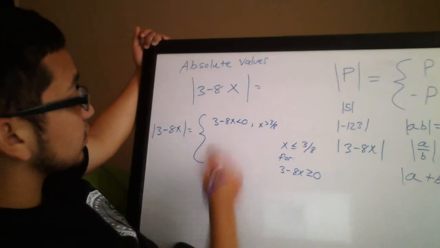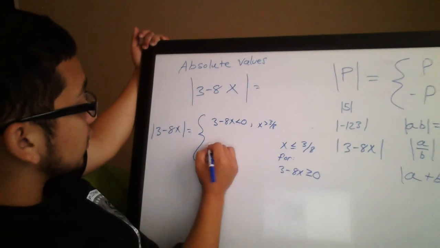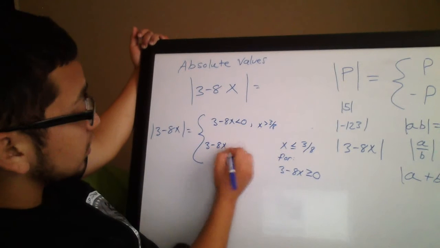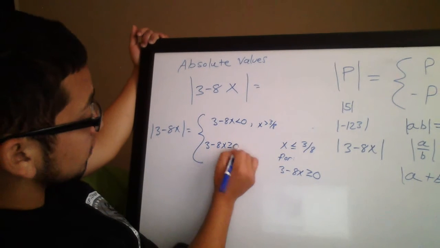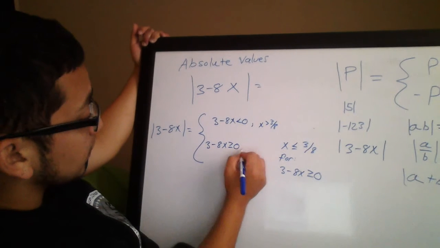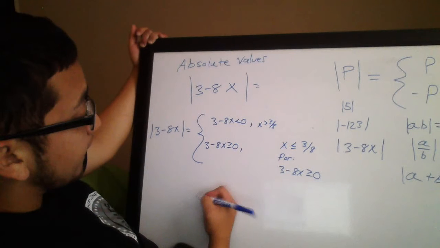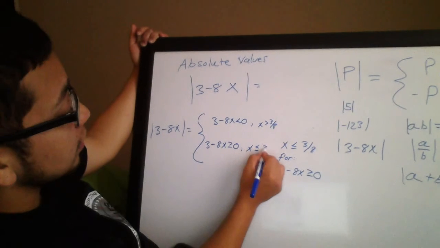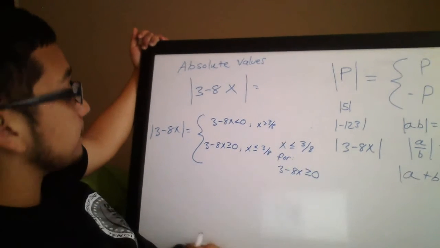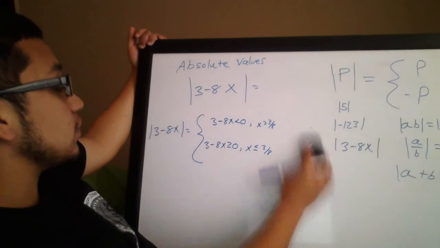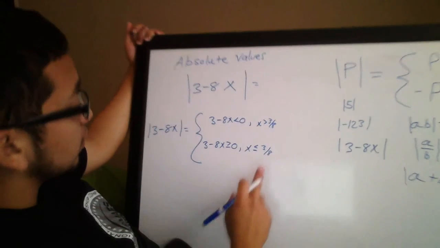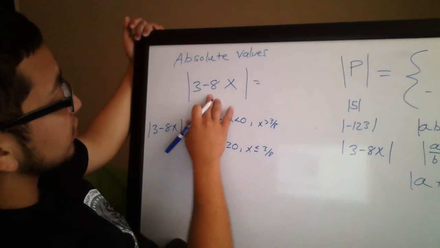And same thing, so now I'm going to write this one. It is also equal to 3 minus 8x is greater than or equal to 0 for x is less than or equal to 3 over 8. So that would be our answer to what is the absolute value of 3 minus 8x.